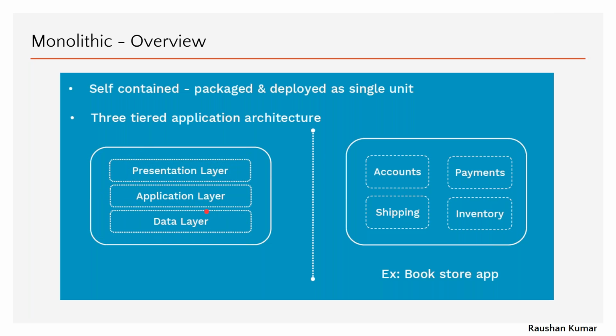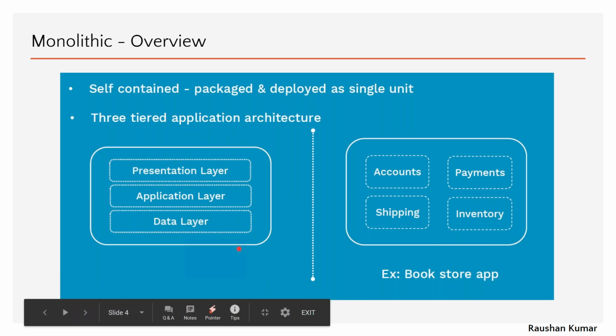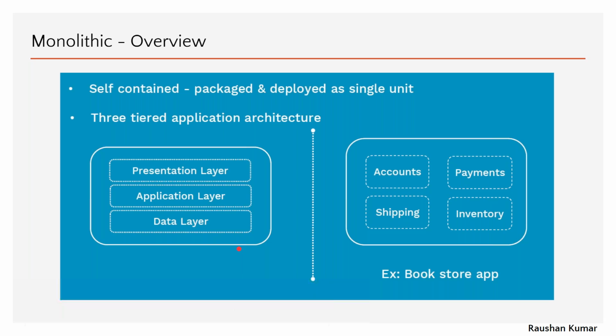Then your application layer, that's the business logic, some application server, and the data layer, your DB. Mostly 90% of IT has this kind of architecture, which we call three-tier applications.